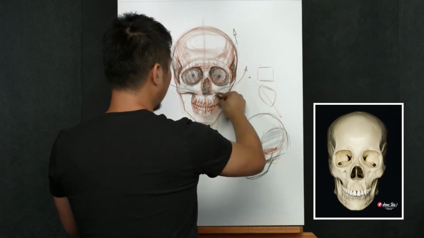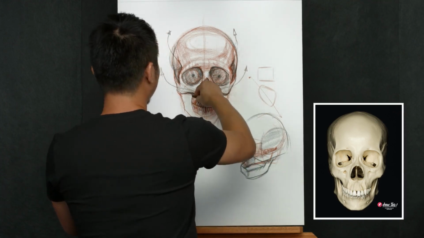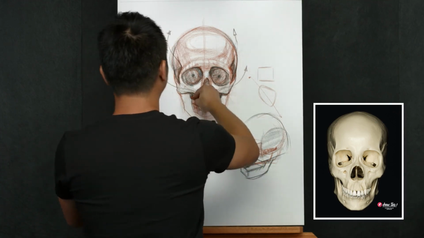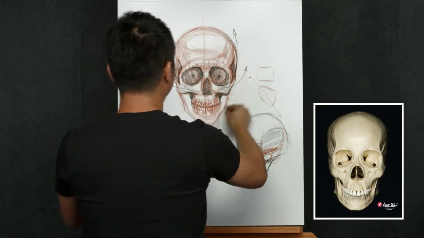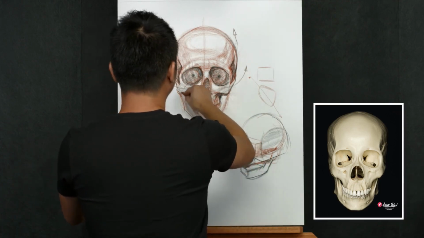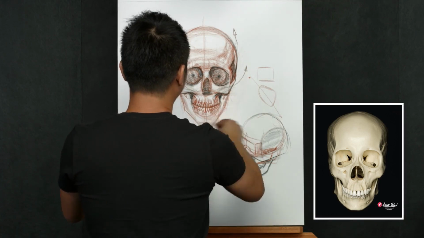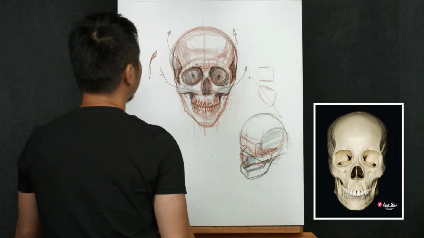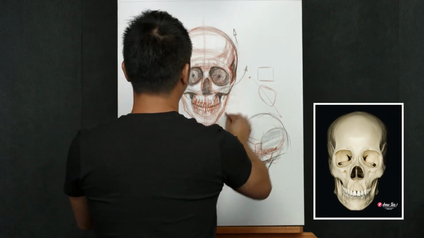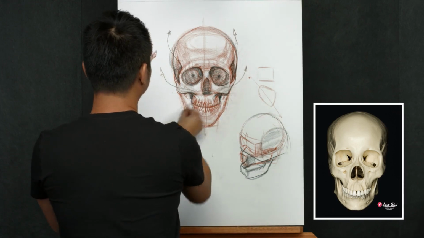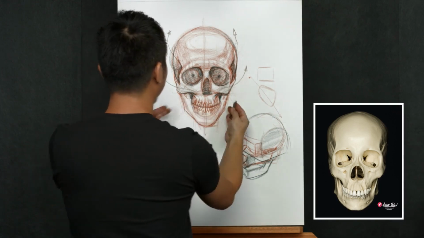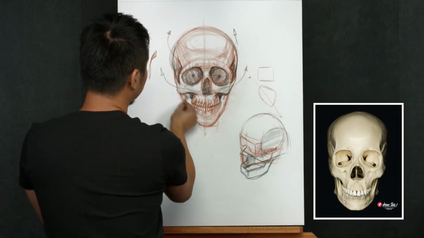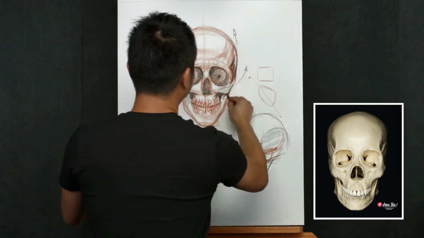You've got a little shadow in between the muzzle and the jaw right here. Because the cheek is wider and the jaw is narrower, you're probably going to have some cast shadows that sit right below it.